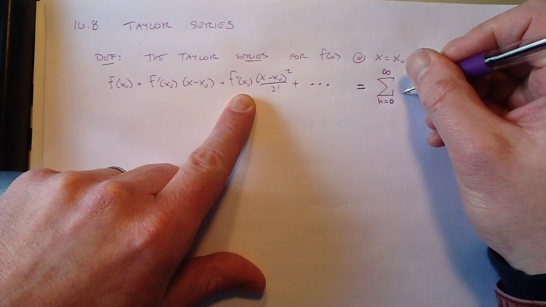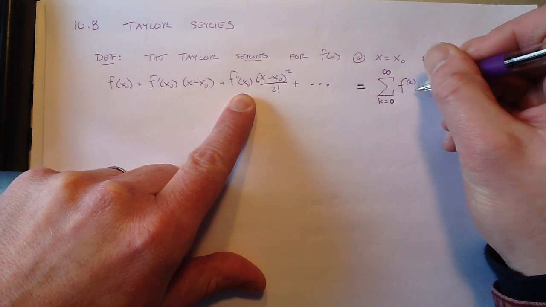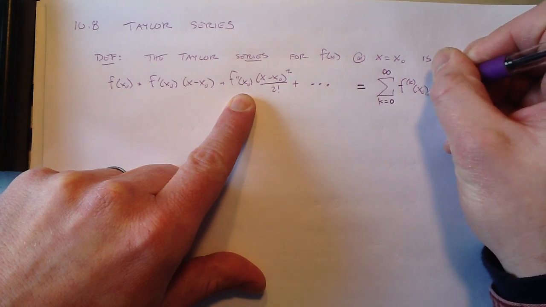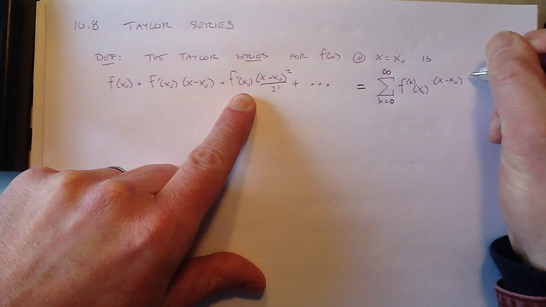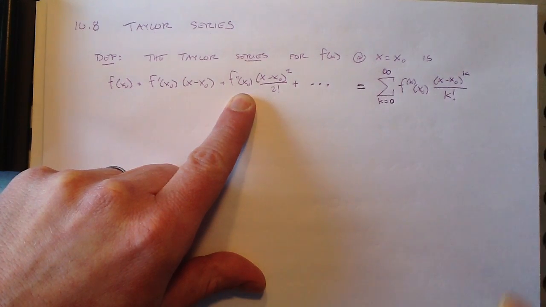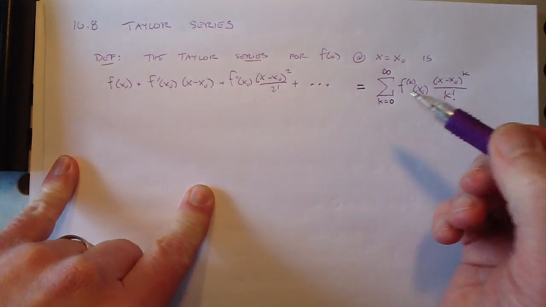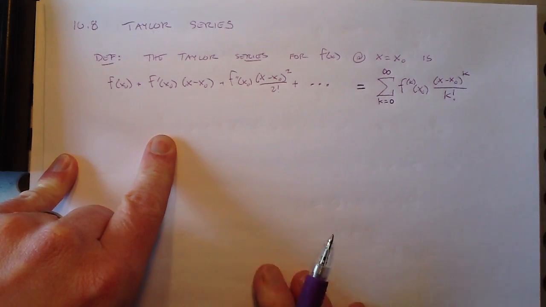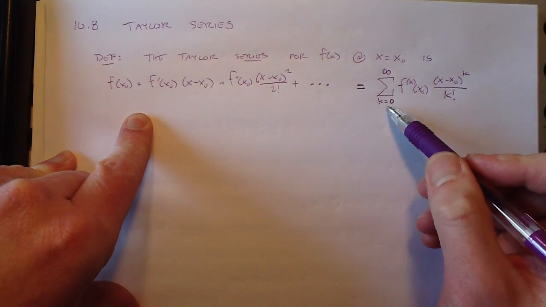One of these looks like the kth derivative at x sub 0 times x minus x sub 0 to the k over k factorial. Right? In sigma notation, instead of writing all these out, we could just write it in summation notation and let it go to infinity.